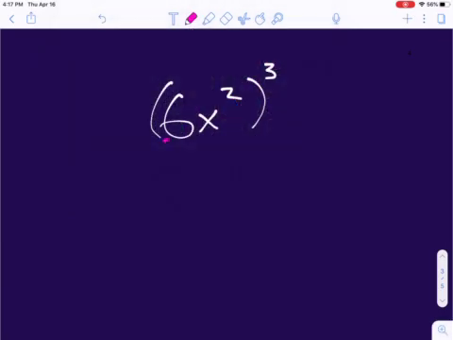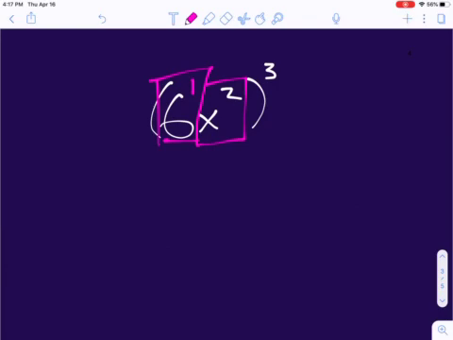Each factor always has an exponent, and if it's not listed, the exponent would be 1. Then you take each factor individually. I've got 2 factors in this one. I've got this factor and I've got this factor. So I've got 6 to the first, raising that to the third power, and I've got x squared and I'm raising that to the third power.